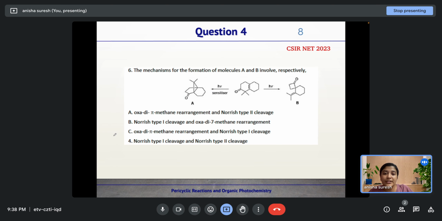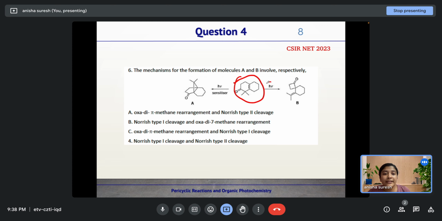Now coming to question number 4. The mechanisms for the formation of molecules A and B are involved respectively. So this is the starting material.